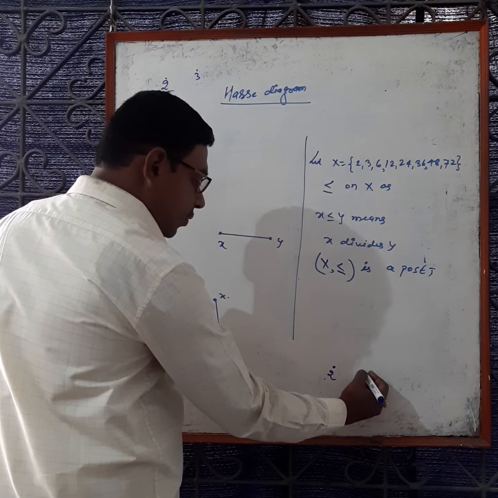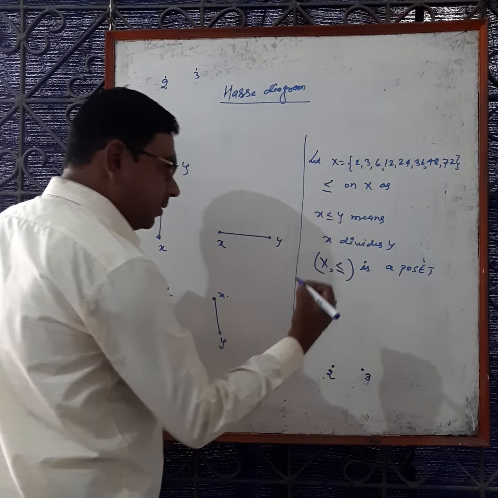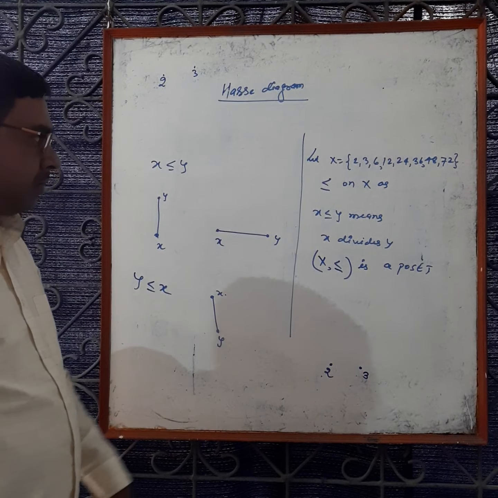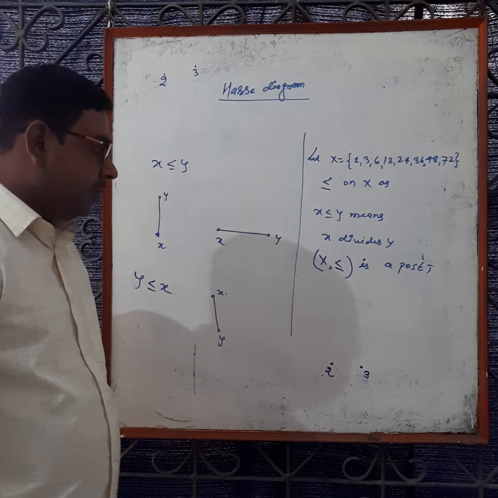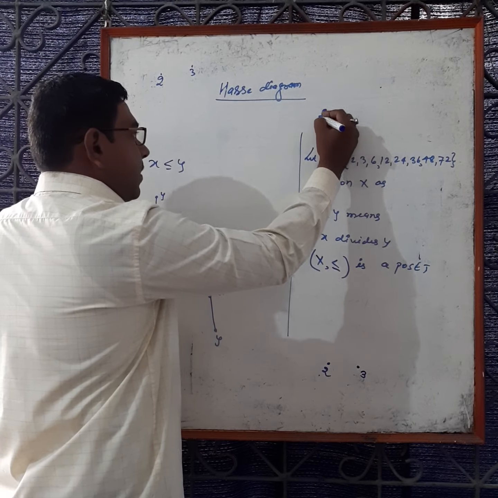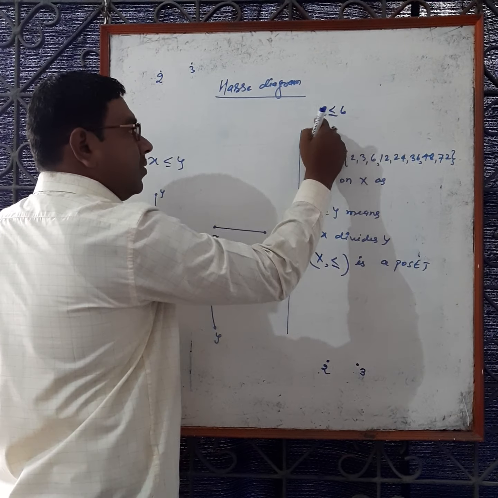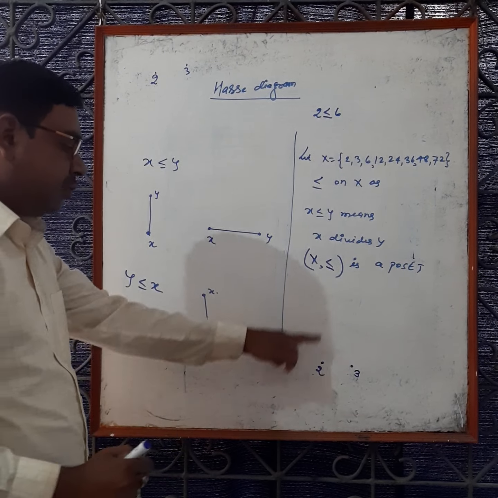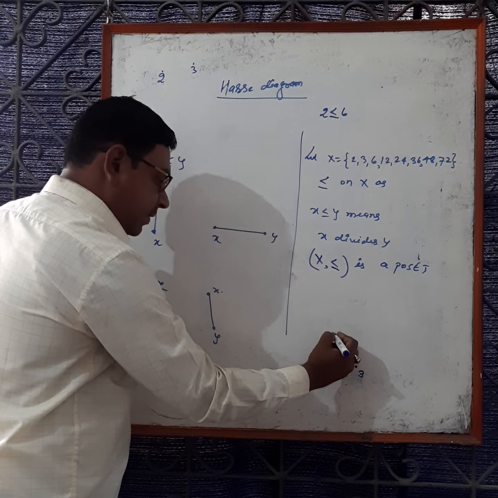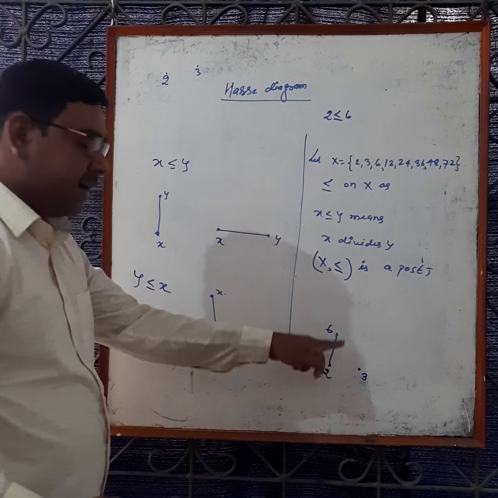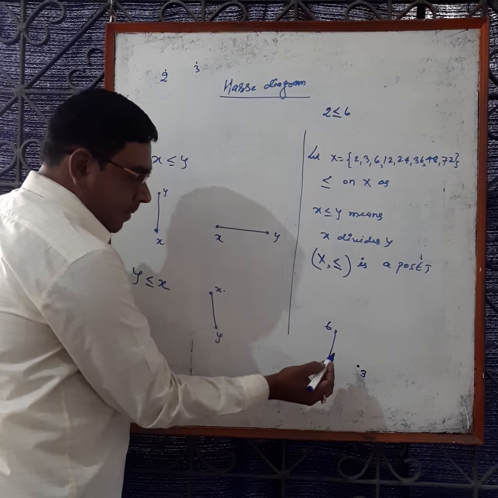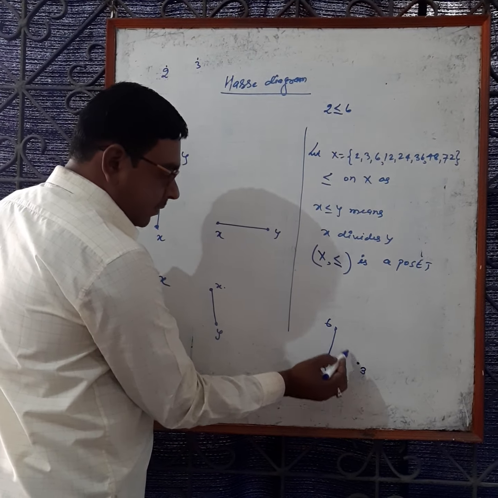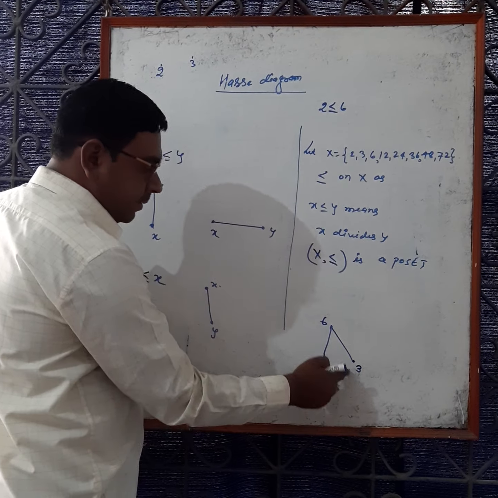Therefore, there is no line between 2 and 3. Next element 6. We see 2 divides 6. Therefore, the position of 6 is above 2. 3 also divides 6. Therefore, we draw a line between 3 and 6. The position of 6 is above 3.